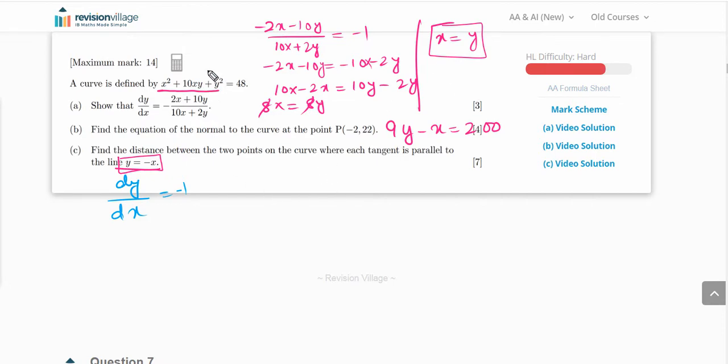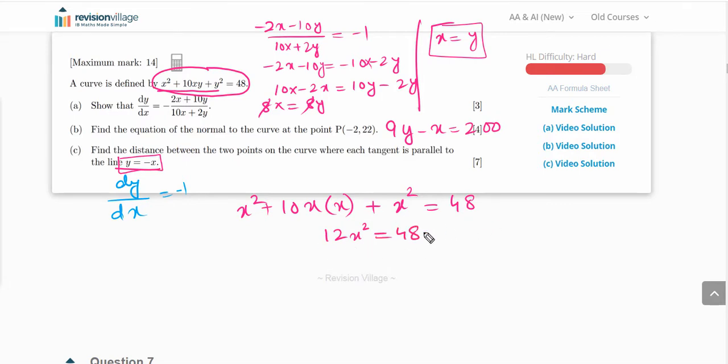So in this equation, I will put y equals x. So it'll be like x square plus 10 times x square plus x square equals 48. So on the left side, I will have x square plus 10x square plus x square, that will become equal to 12x square equals 48.